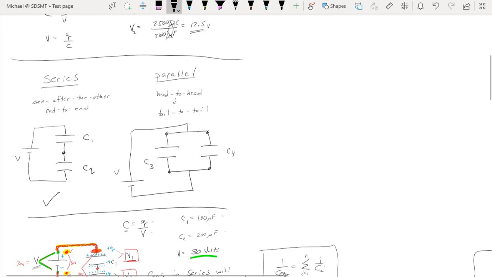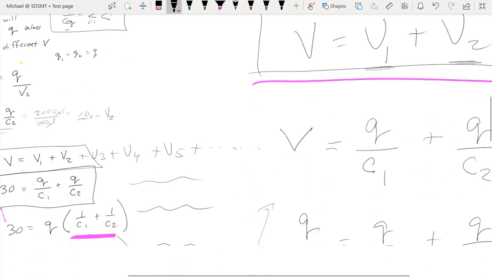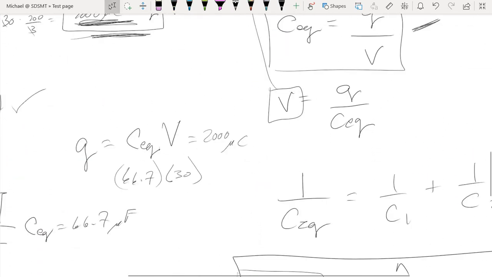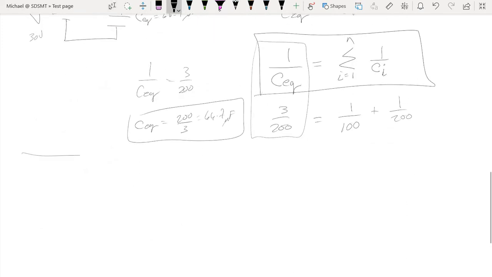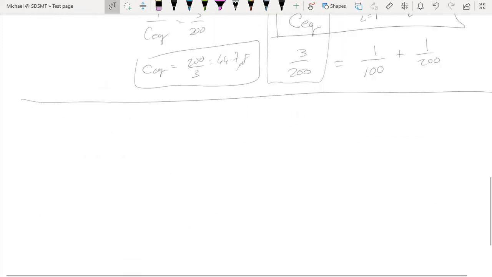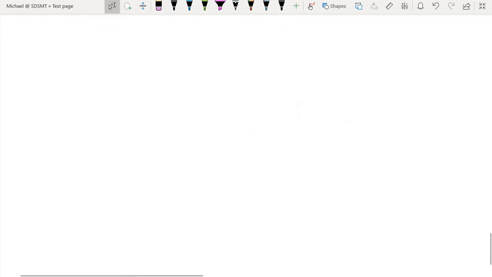So let's take this picture and we'll bring it down here. We'll zoom in a little bit. Capacitors 3 and 4. So we'll use different capacitors here.